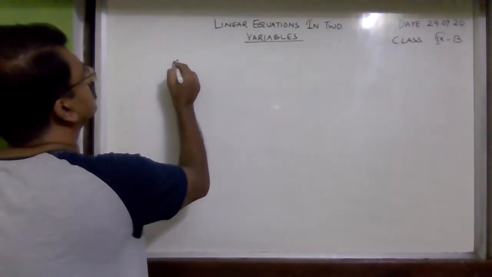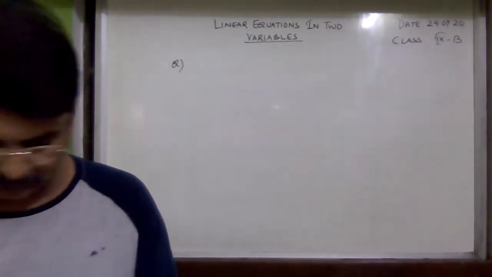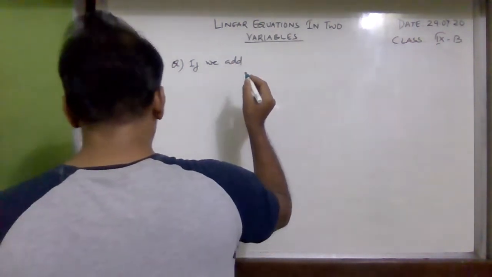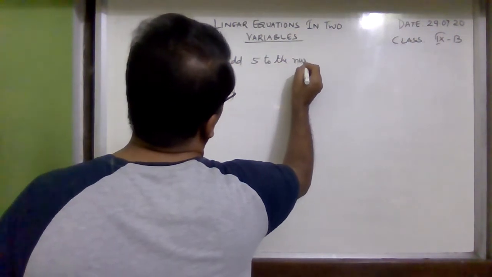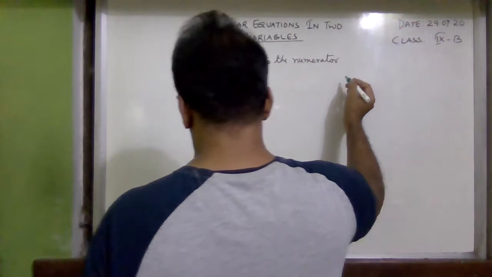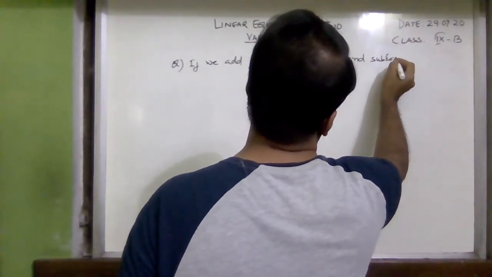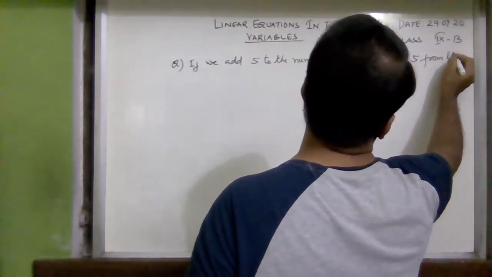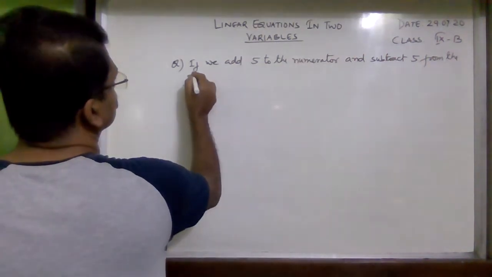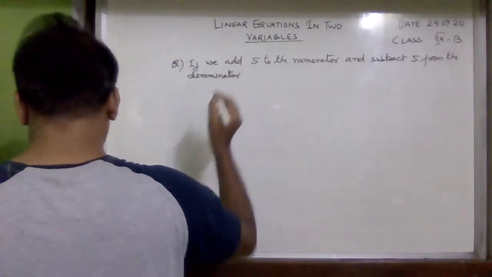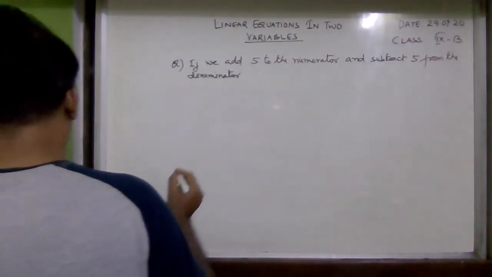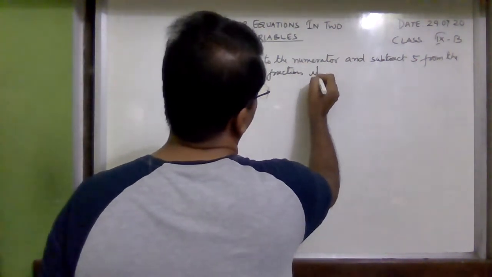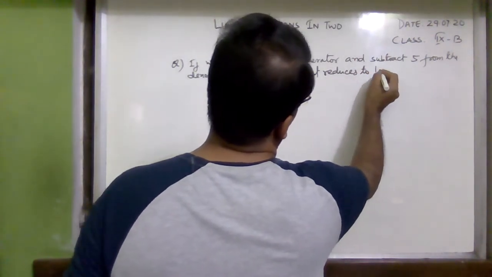Next question is, if we add 5 to the numerator and subtract 5 from the denominator of a fraction, it reduces to 1 upon 7.